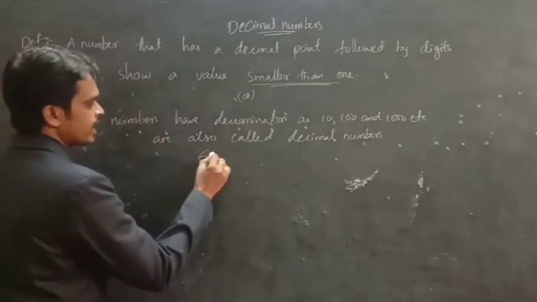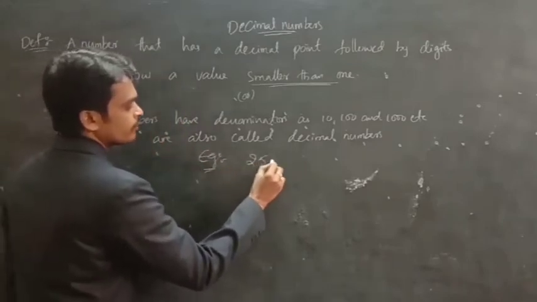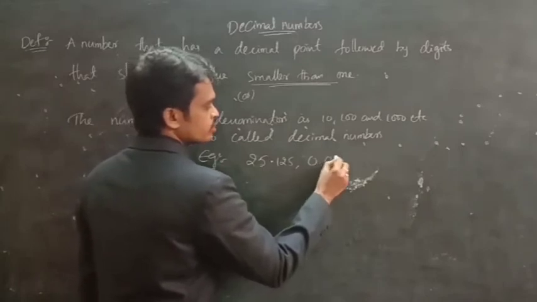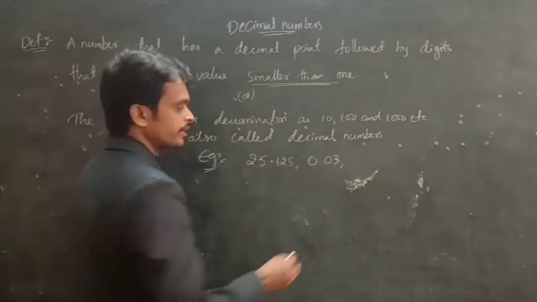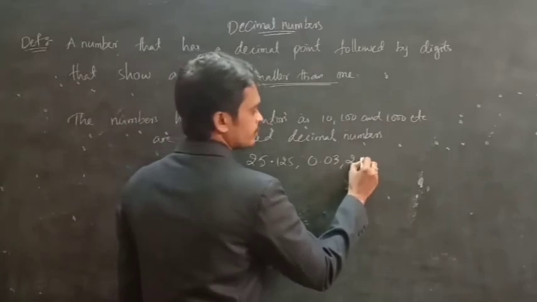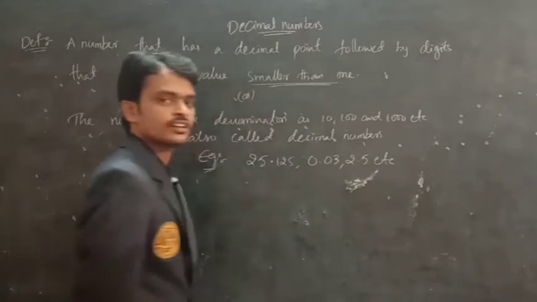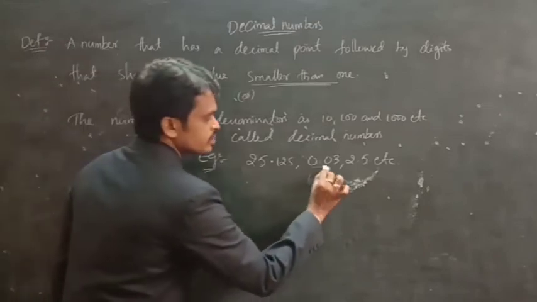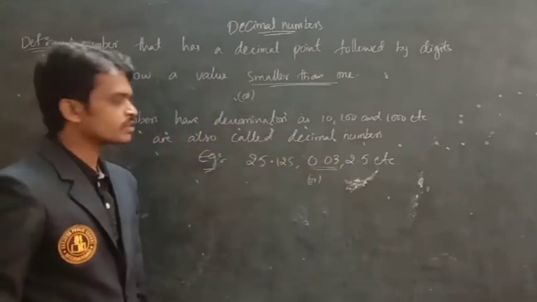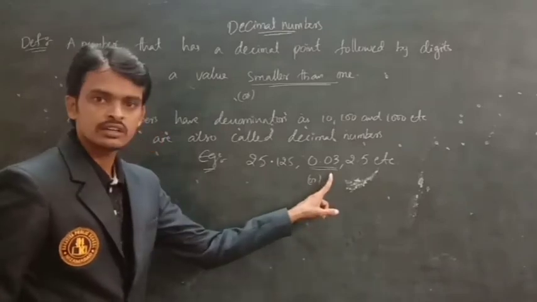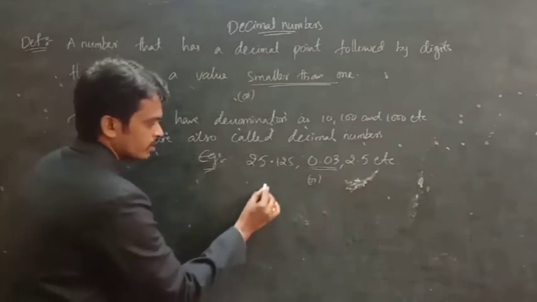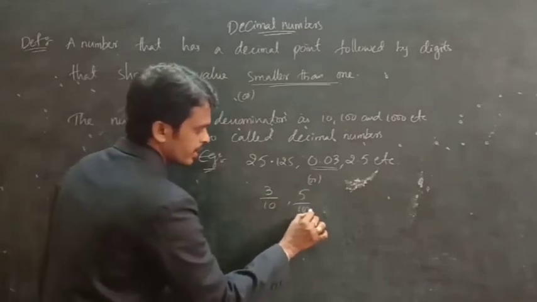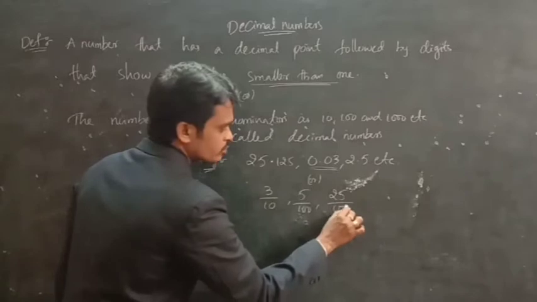Here are examples of decimal numbers: 25.125, 0.03 and 2.5 etc. Here is a decimal number less than 1, which I am writing like this: 3 by 10, 5 by 100, 25 by 1000.